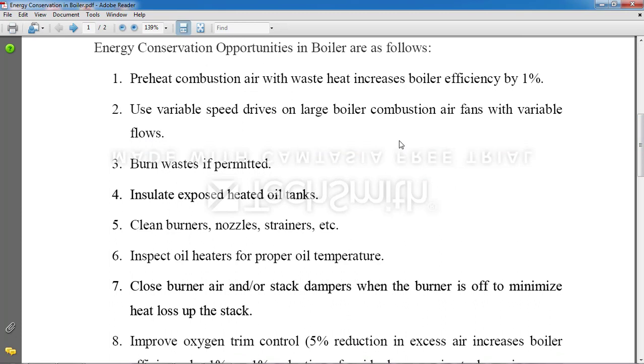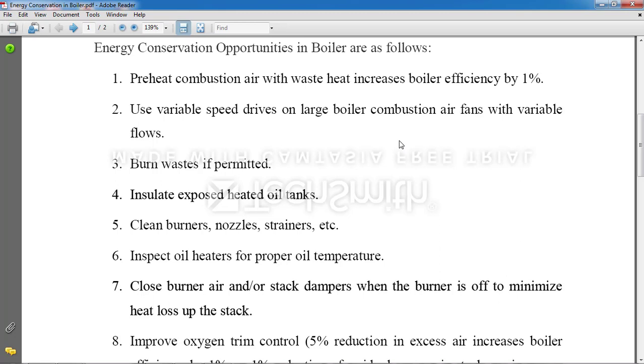First point, preheating combustion air with waste heat increases boiler efficiency by 1%. Now you can imagine the diagram we had drawn for the thermal power plant. The boiler is provided heat by the coal burning inside the combustion chamber.